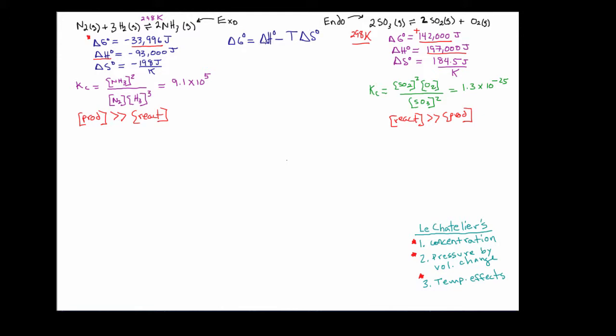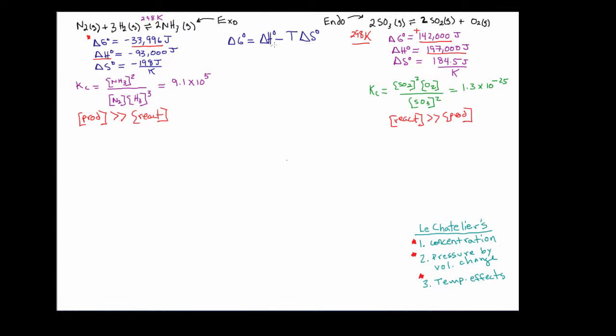The delta H naught being the enthalpy of the reaction and the delta S naught being the entropy. The delta H is a reference to the difference in potential energy between the bonds of the reactants and the products. And the delta S naught tells us about the way the order versus disorder is changing over the course of the reaction.